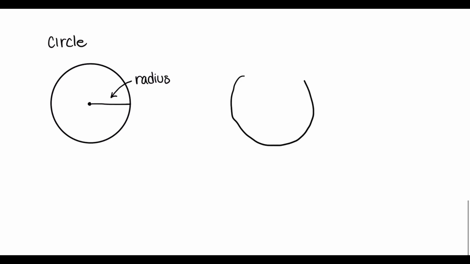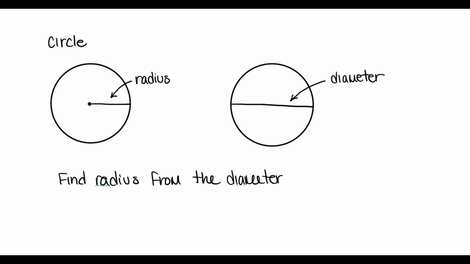If the radius is not given to us, we might be given something we call the diameter. The diameter is the full length of the circle, and we can find the radius from the diameter. To do so, we simply do radius equals diameter divided by 2.